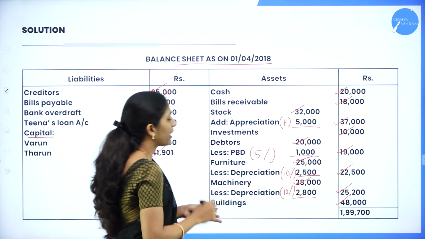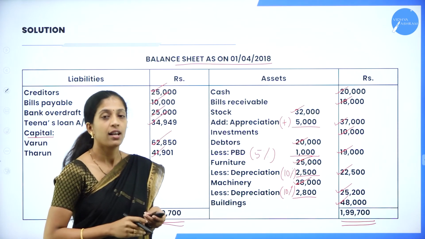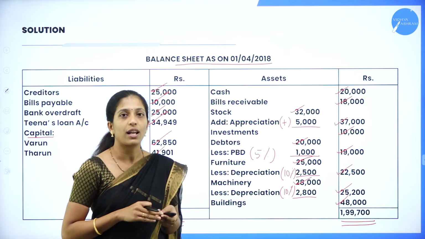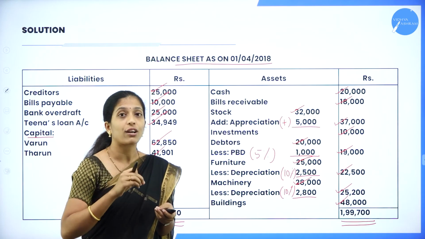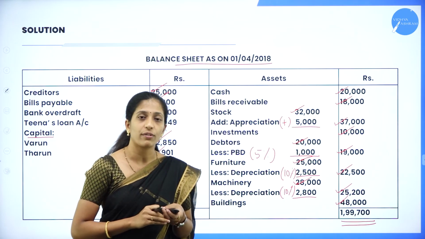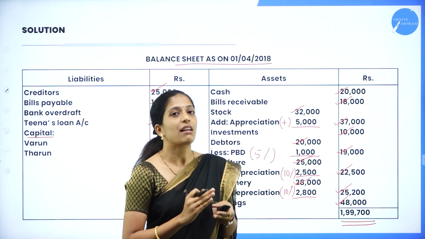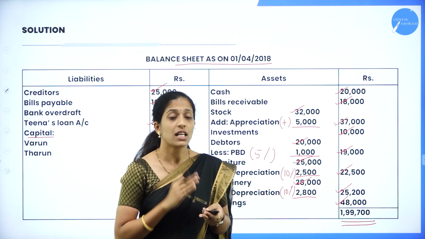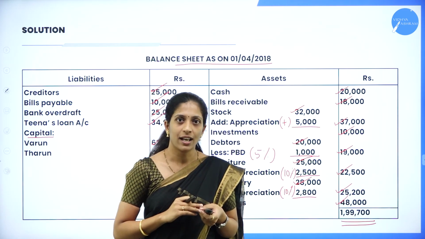In the same way, if we add all the assets, we will get 1,99,700. So this is how you are going to solve a problem where you have to prepare revaluation account in order to record increase or decrease in the value of assets and liability, and the balancing figure will be either revaluation profit or revaluation loss, which has to be transferred to all the partners in their profit sharing ratio.